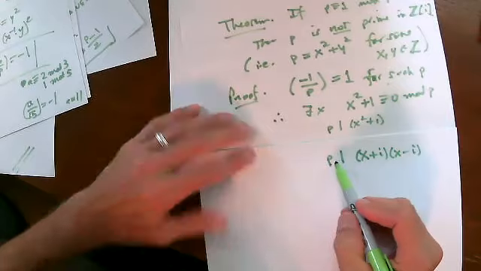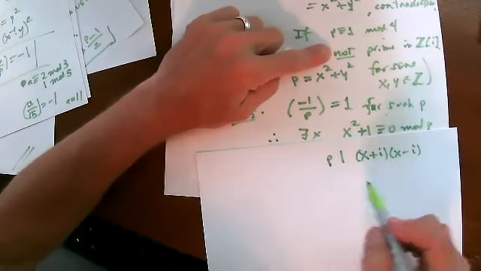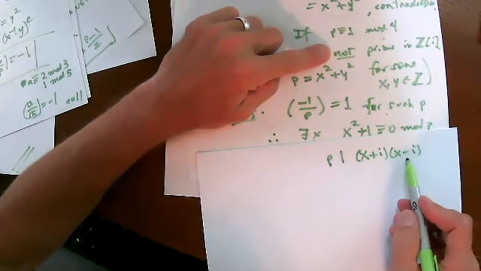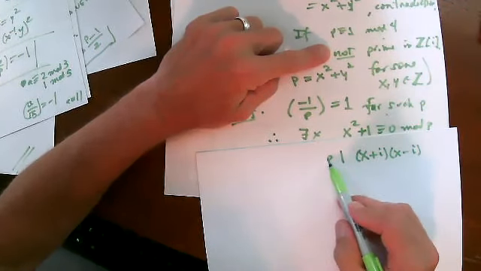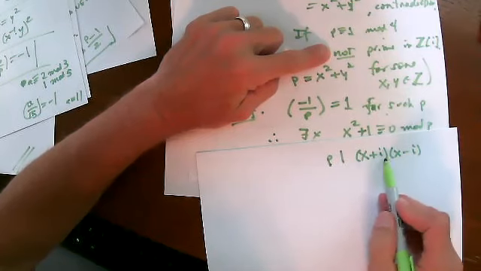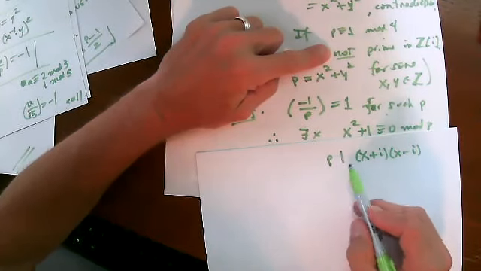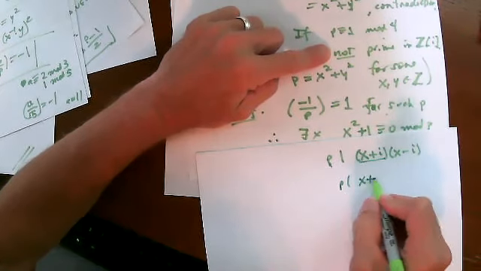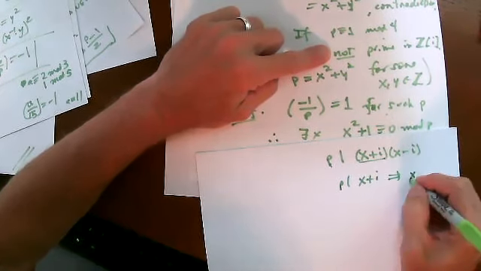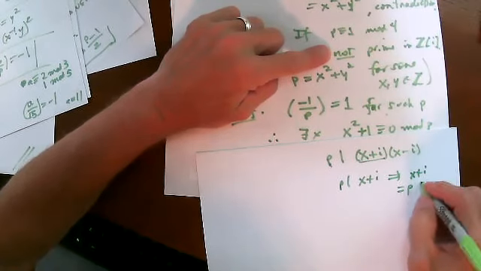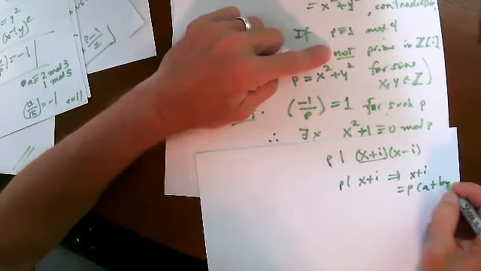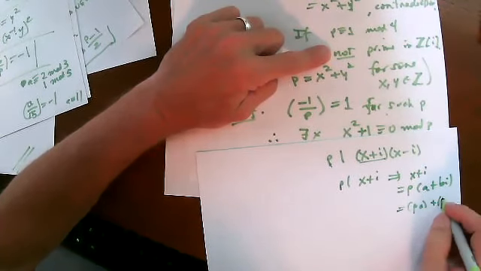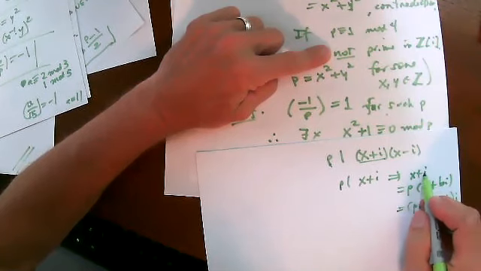So if you thought that p was a prime, then anytime a prime divides a product, it has to divide one of the factors. Do you see the ordinary prime p dividing this factor? I don't. For p to divide x plus i would mean that x plus i could be written as p times another Gaussian integer, but then you would have a multiple of p for the x, and a multiple of p for the coefficient of i, where the 1 is.